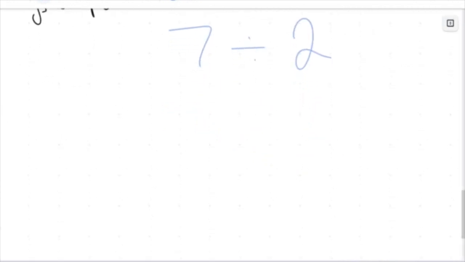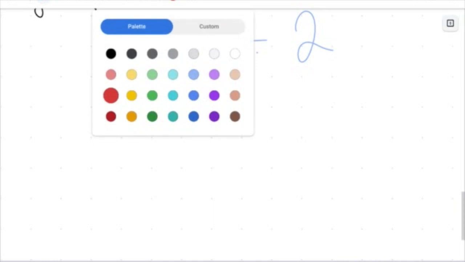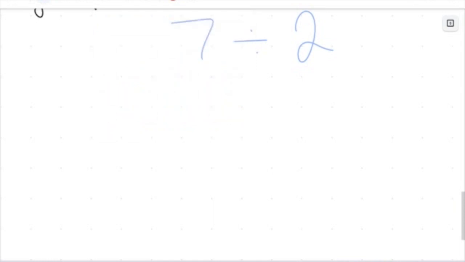I'm going to draw my 7 little coins. This is just a way I like to think of division. I like to draw these little coins. You can draw whatever you'd like, whatever helps you do this.